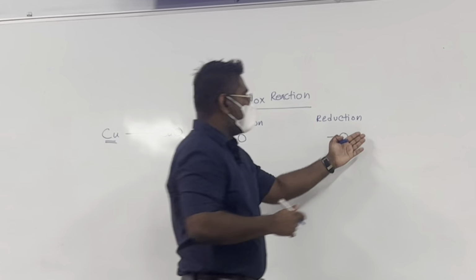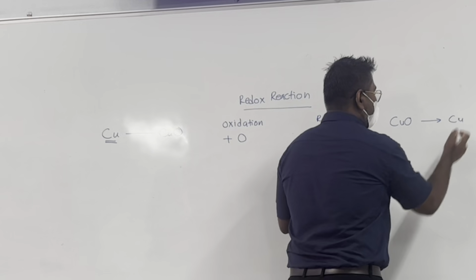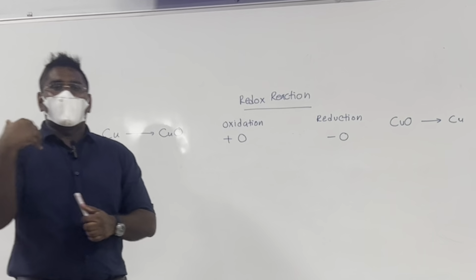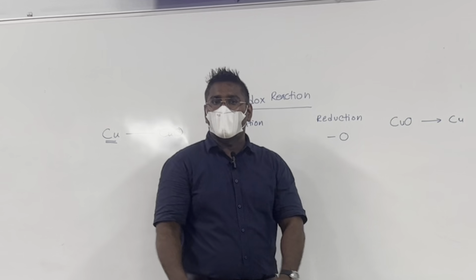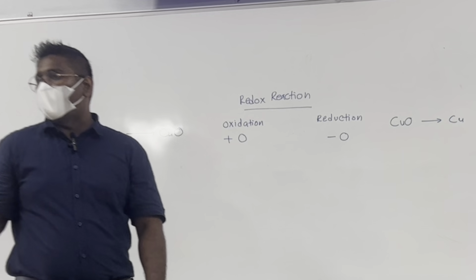But if you have reduction, let's say copper oxide changing into copper, copper oxide is being reduced to become copper because copper oxide has lost oxygen. That is in simple terms.